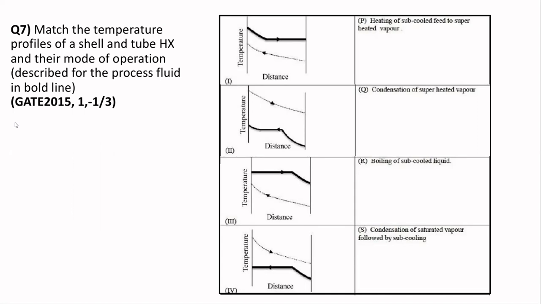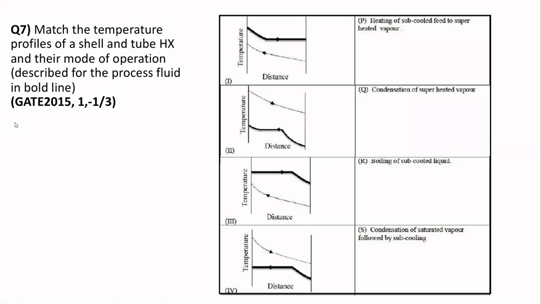All right. So on the right hand side of your screen you are seeing some temperature profiles named one in Roman 1 to 4, and P, Q, R, S are some of the statements. So what are those statements? These are the modes of operation describing the process fluid. So the process fluid is getting heated or cooled, and what was the physical condition of the process fluid?